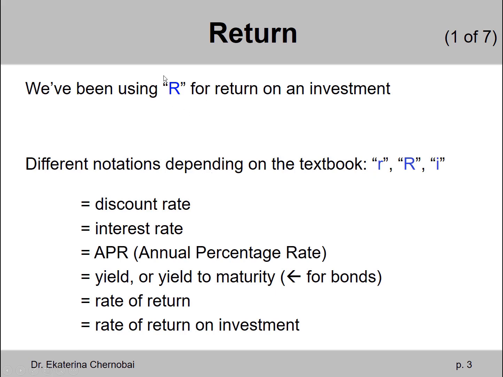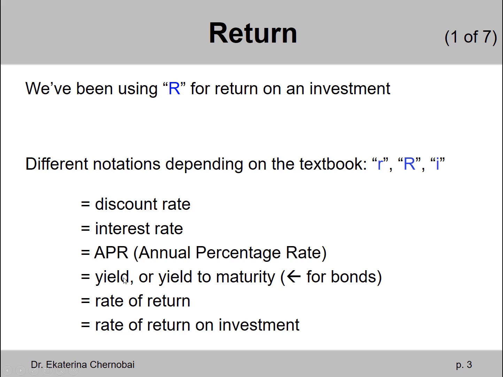So in our book, it's capital R, and we've actually been giving it a lot of different names. You may have realized that we are using different names for the same thing. Discount rate, interest rate, APR, which stands for annual percentage rate. We have this in chapter 6, where we were first looking at nominal versus effective annual rate.